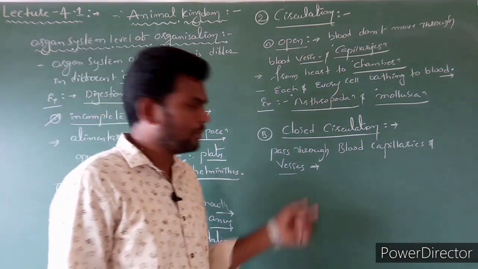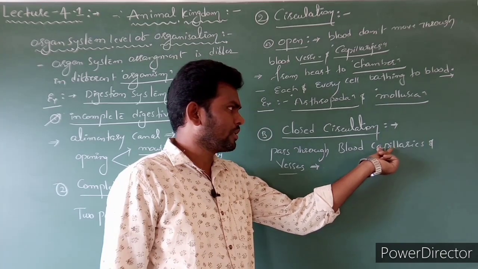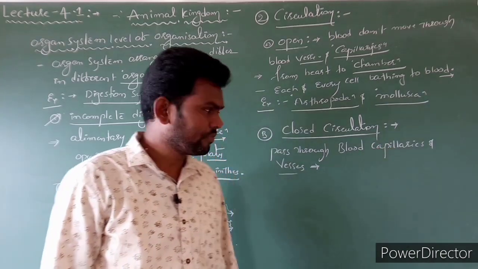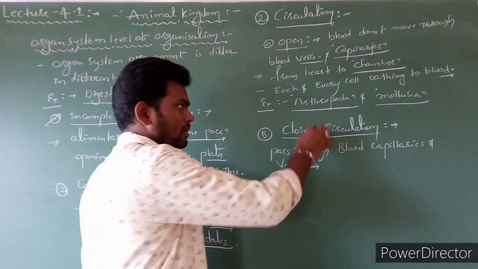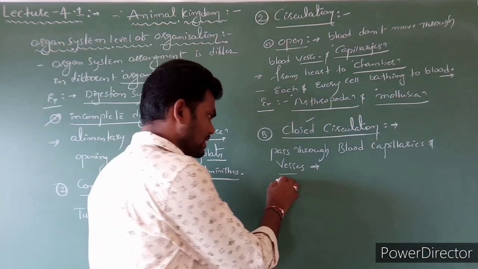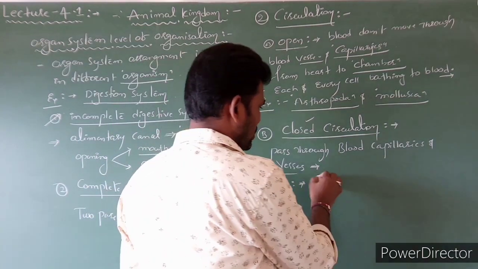From top to bottom, the blood moves only through vessels of different diameters, capillaries, veins, like this. So such a system is called as what? Closed circulation system. So closed circulation system is a little bit advanced method. We can notice it in chordates.